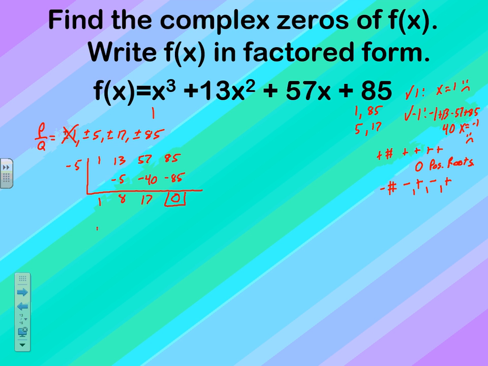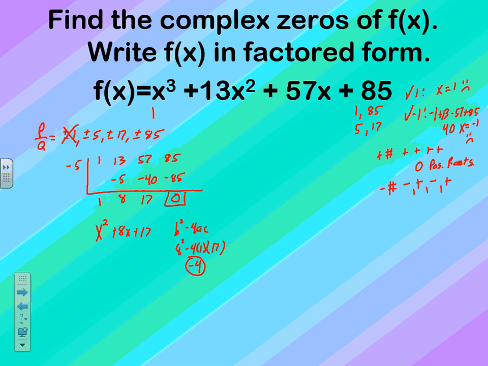So here we have, as a simplified polynomial, x squared plus 8x plus 17. And can we factor this? Well, let's look at the discriminant and see what the discriminant gives us. The discriminant is b squared minus the 4ac of the quadratic formula. So if we say 8 squared minus 4 times 1 times the 17, that is going to equal a negative 4.